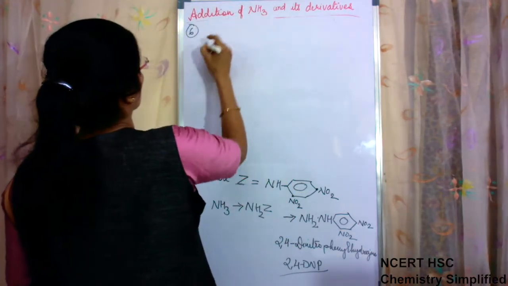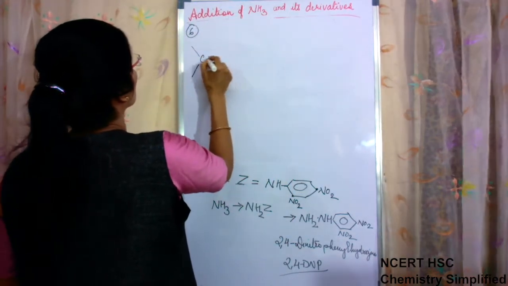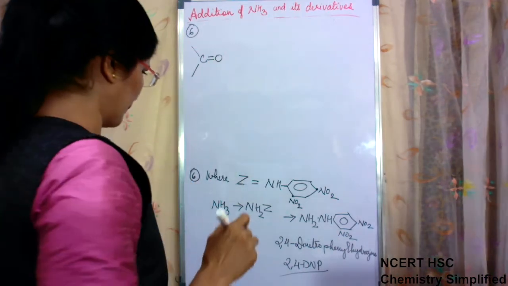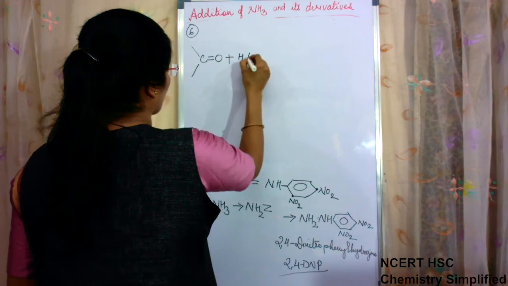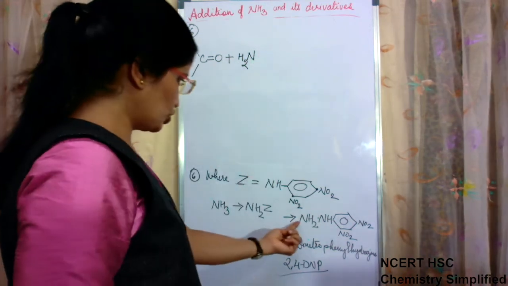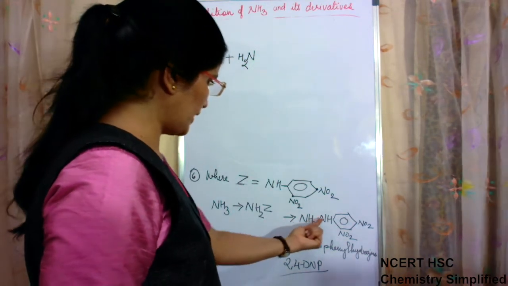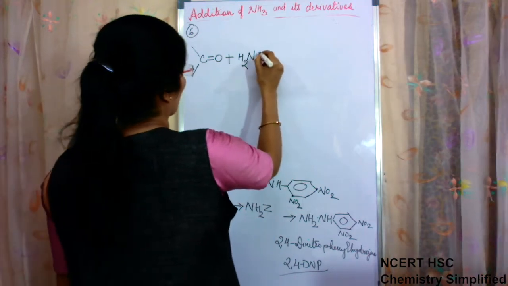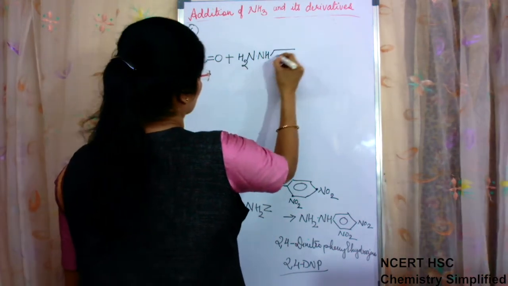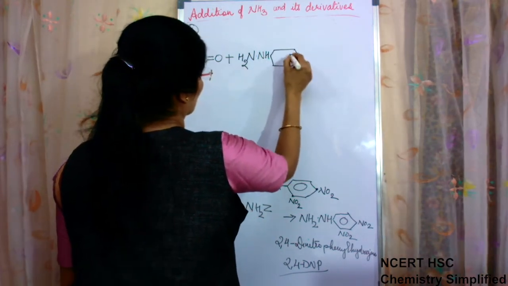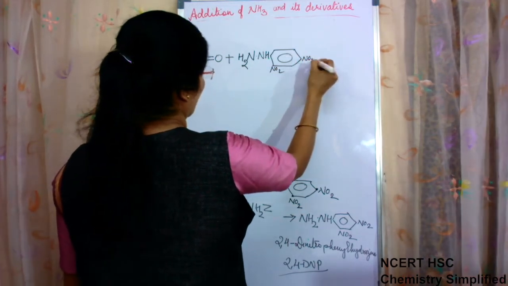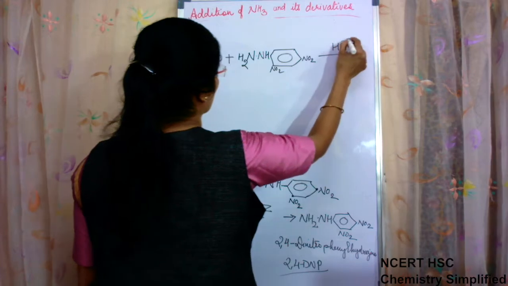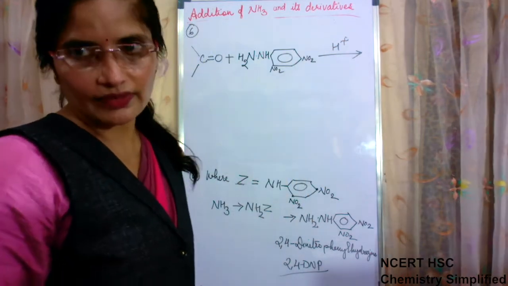So the next reaction we are writing with 2,4-DNP. The carbon with carbonyl group plus H2 will be written before N, NH2, H2 written before N, and then the remaining part is NH, nitro group and nitro group, in presence of acid. Same thing will happen.